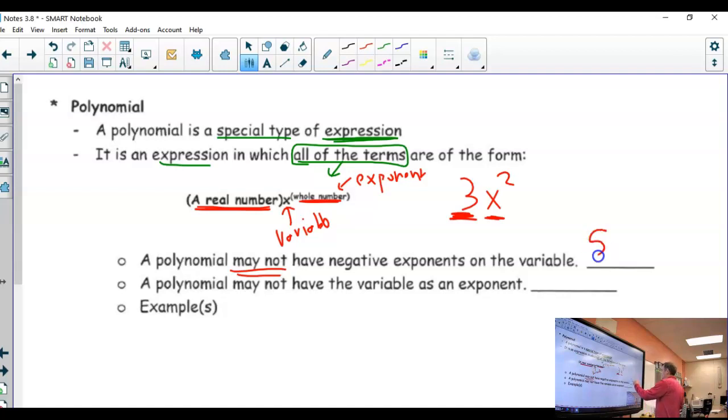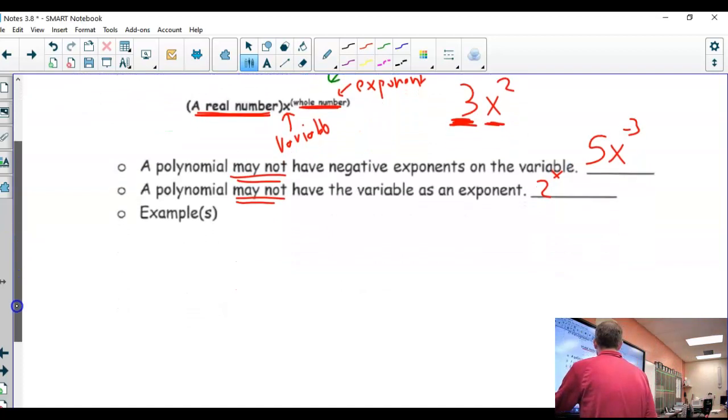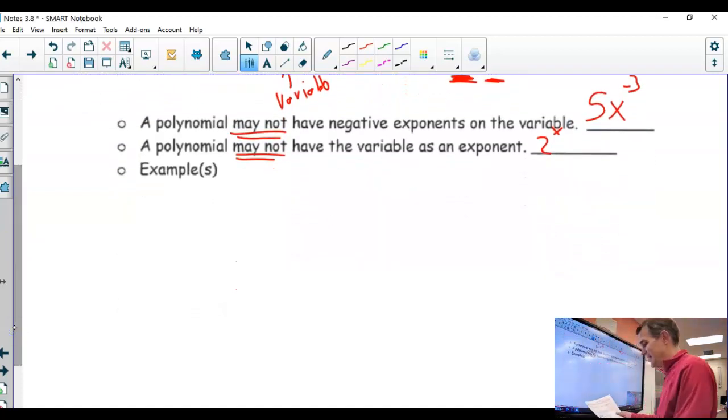For instance, we cannot have 5x to the negative 3rd. I'll tell you why in a second. And a polynomial may not have the variable as an exponent. You cannot have something like 2 to the x as one of your terms. Let me go over a few examples and tell you why they are or are not polynomials.